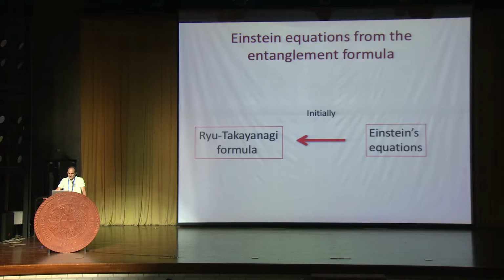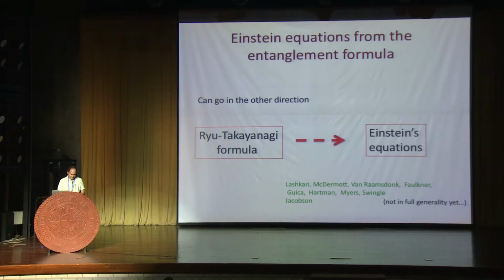So in order to derive the Ryu-Takayanagi formula, one can start from Einstein's equations and then follow the definition of the entropy and then find the Ryu-Takayanagi formula. But people have also shown how to go in the other direction, starting with the Ryu-Takayanagi formula as the basic equality and then deriving Einstein's equations.